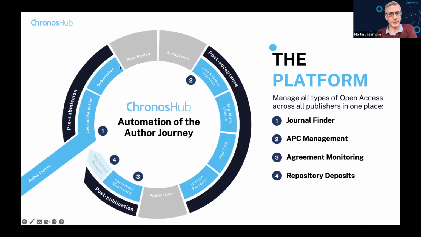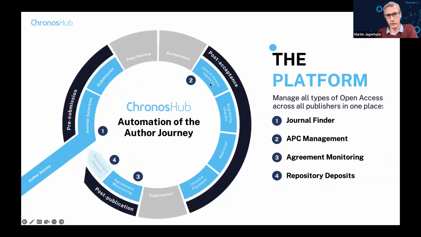So we'll have a look at the journal finder that's typically used before you submit your manuscript to a publisher. But upon acceptance of your article, we don't want you to worry about any kinds of open access fees. So we try to automate that whole handling and facilitate that so you don't have to bother, and also so that the institution doesn't have to bother.